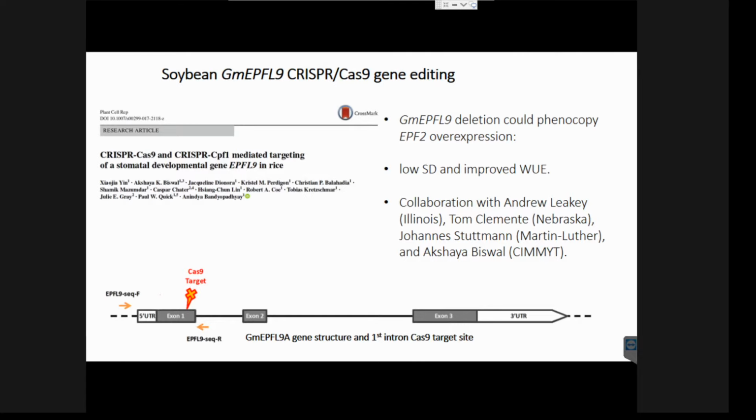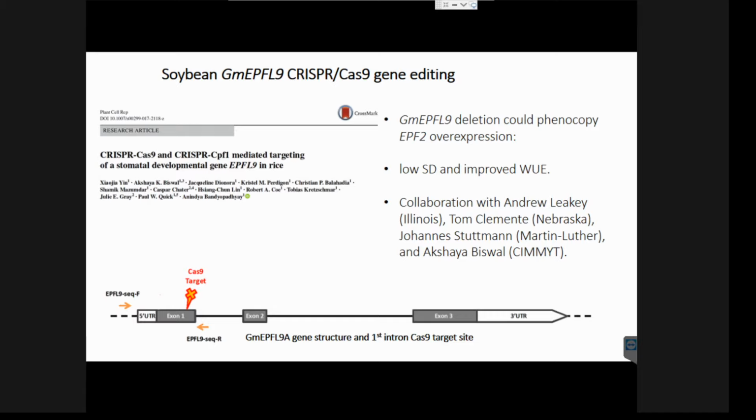So this is a paper by Akshay and others, and this is where he has deleted this stomagen gene in the rice, and we get consequently reduced stomatal numbers in the rice and improved water use efficiency.